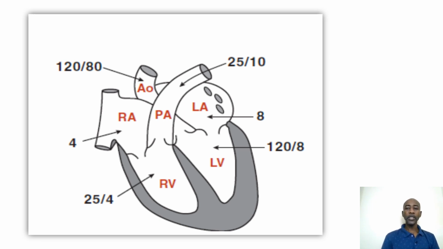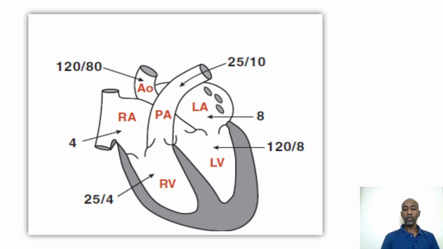And mind you that when we have a chamber, between a chamber and a chamber we have a valve, we always experience the phenomena of two pressures. That's why we see 120 over 80, because between the left ventricle and the aorta we have the aortic valve.